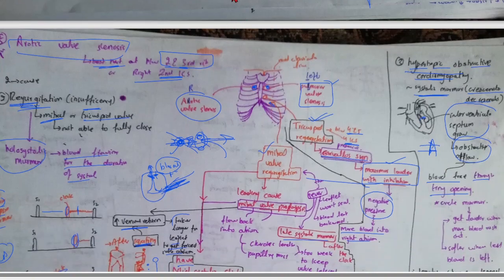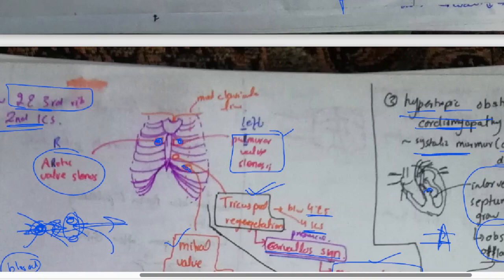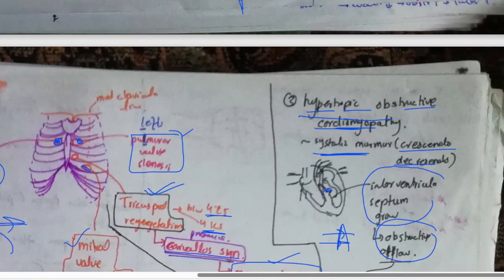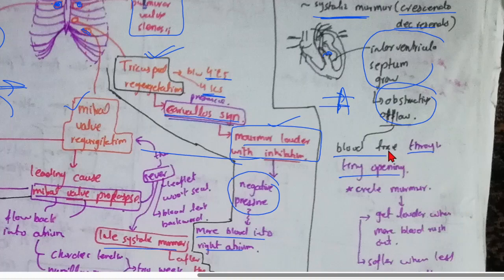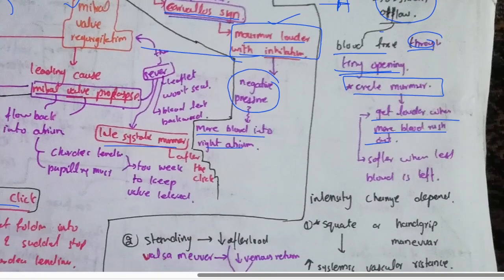Blood is forced through a small, tiny opening, and this creates a murmur. The murmur gets louder when more blood rushes out and softer when less blood is left. So this is about the obstruction.